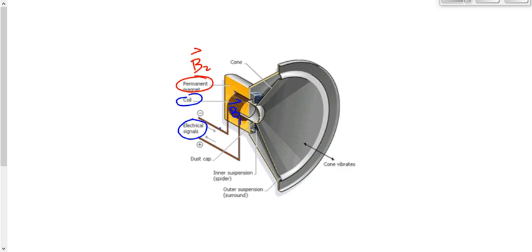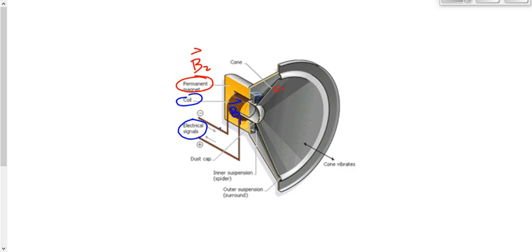Now notice this permanent magnet is attached to this cone. This cone is usually made out of some kind of paper or felt type material. And as this permanent magnet gets attracted to or repelled by this solenoid, depending upon the polarity of the solenoid, north or south, right?